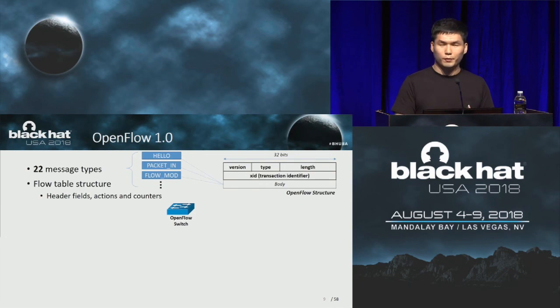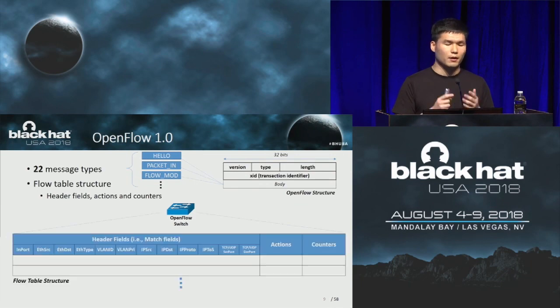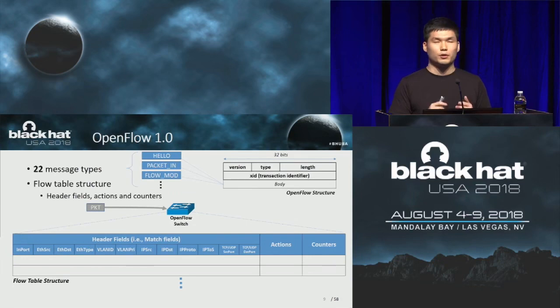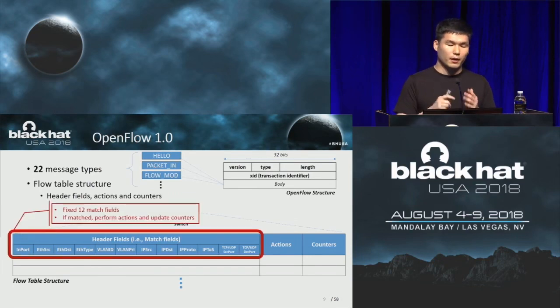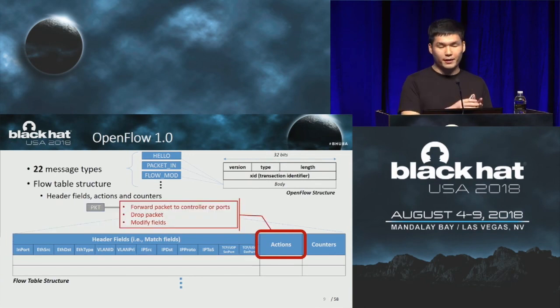In the case of the OpenFlow switch, it consists of a flow table and handles incoming packets in 3 steps. First, when a packet arrives, the switch looks up the flow rules in the table by looking up header fields such as in-port, Ethernet type, IP addresses and so on. If the packet is matched to a specific flow rule, any actions for that flow rule are performed on the packet.